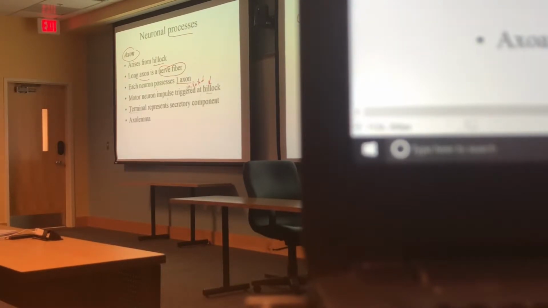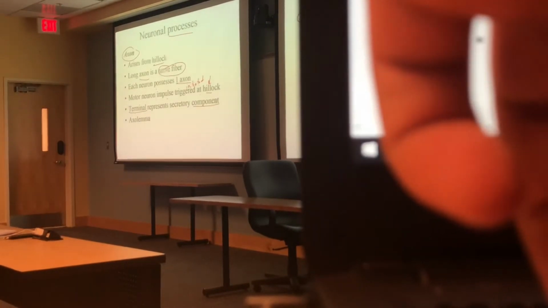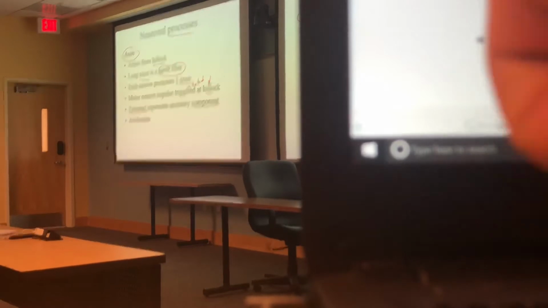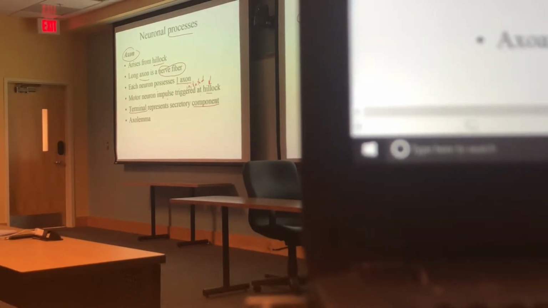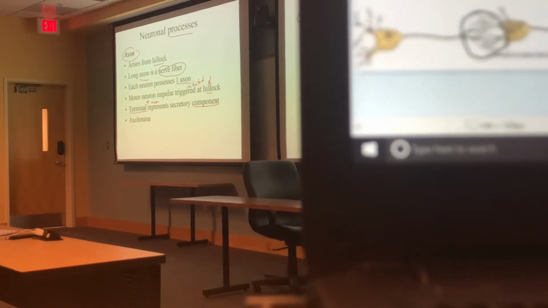Guys, what is the terminal? The terminal represents the secretory component of the neuron, but it is the terminus of the axon. It is the end of the axon. So axons end at what are known as terminals.